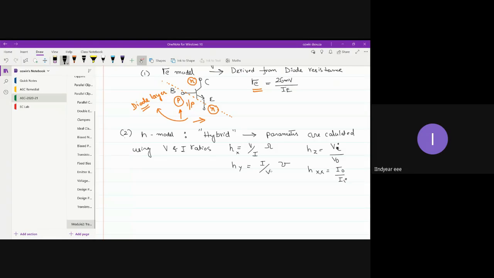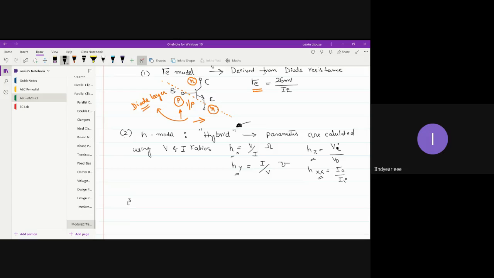Since there is a mixture of different voltage and current signals, the parameters derived on the basis of those signals are called hybrid parameters. What do you mean by hybrid? Hybrid is a mix of different things. So these parameters are a mixture of different signal ratios. That's the meaning of hybrid model.